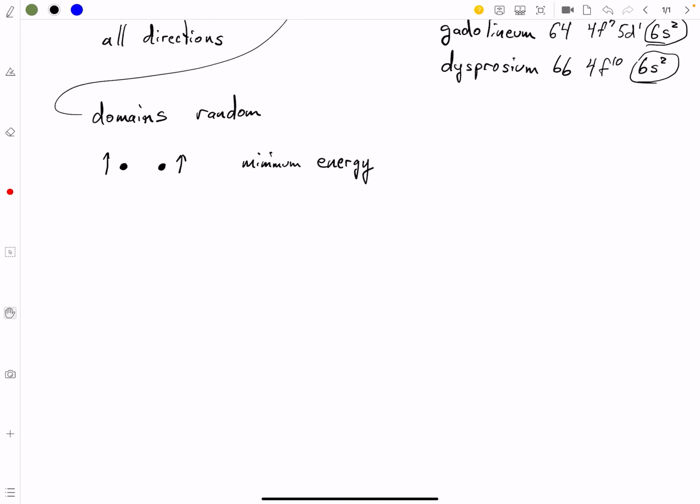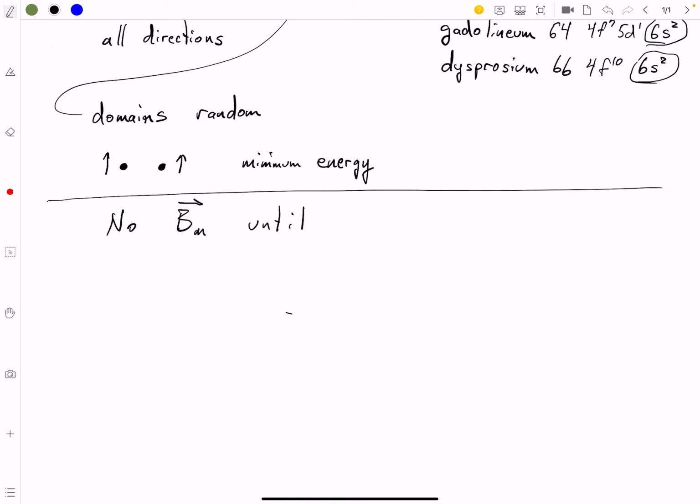Okay, so the material has no BM, no BM until we supply B naught. As soon as we do, that material, this is just a graph, okay?